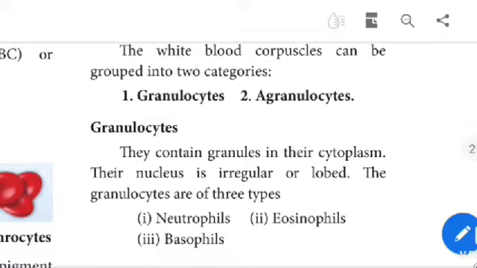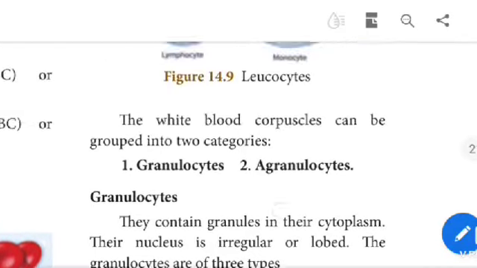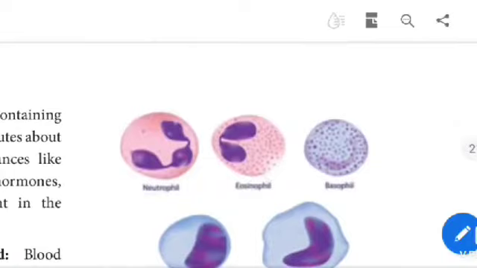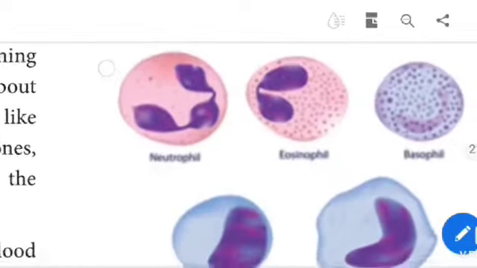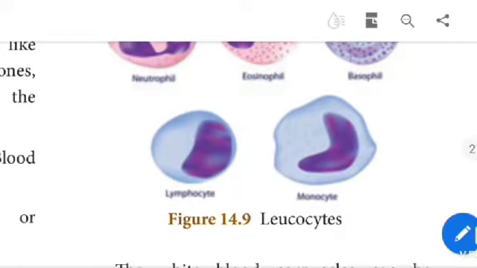The first one, granulocytes. Second one, agranulocytes. See the picture of blood cells: neutrophil, eosinophil, basophil, lymphocyte and monocytes.